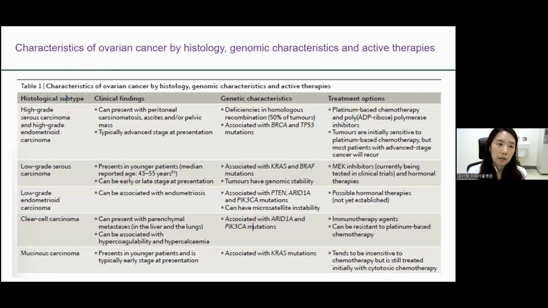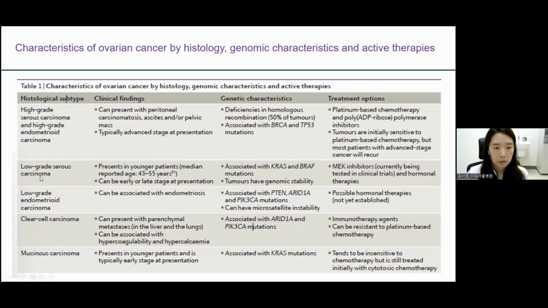This table shows the characteristics of ovarian cancer by histology, genomic characteristics, and active therapies. High-grade serous carcinoma and high-grade endometrioid carcinoma usually present with peritoneal carcinomatosis, ascites, and pelvic mass, so these cancers are typically advanced stage at presentation.